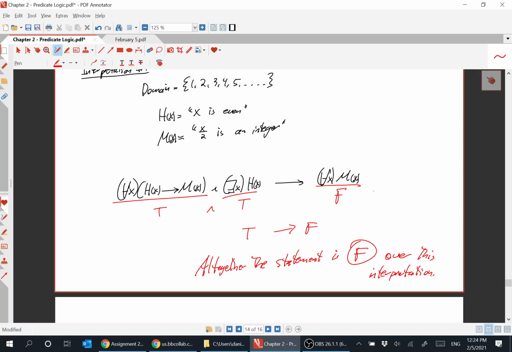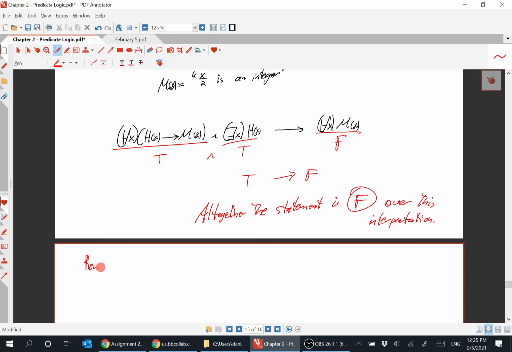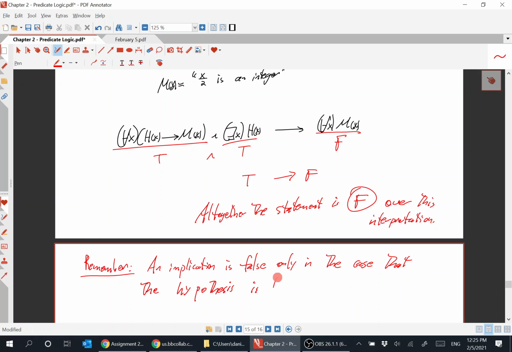Remember, given an implication, the only way to make it false is for the hypothesis to be true and the conclusion to be false.